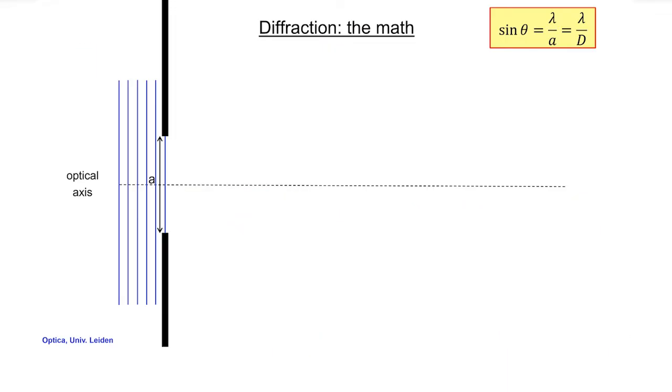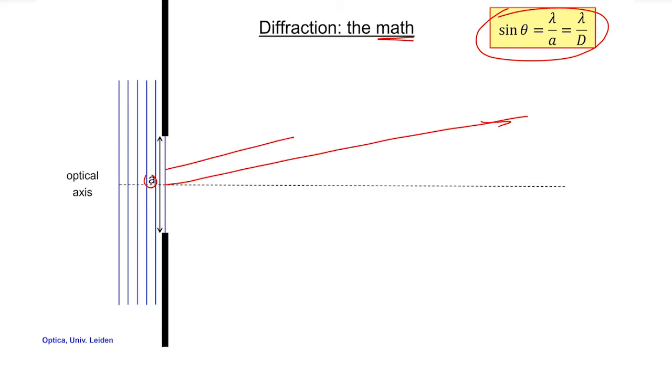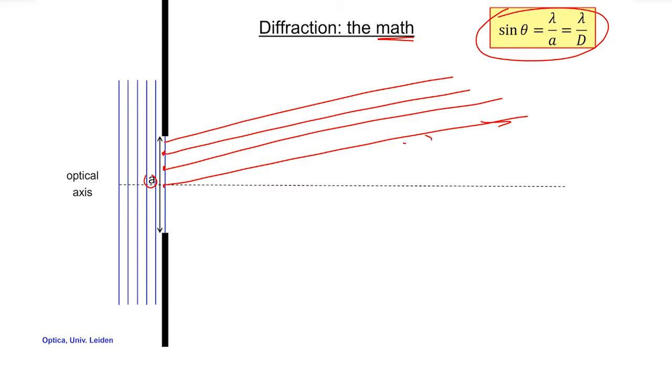So let's derive the diffraction pattern far behind the slit, a diffraction pattern of which the essential feature is summarized by this equation: sine theta is lambda over d, or lambda over a, where a is the size of the slit. So we consider the far field diffraction pattern, and we look at rays of light emitted by a series of Huygens sources within the slit, rays of light emitted at an angle theta with respect to the surface normal.